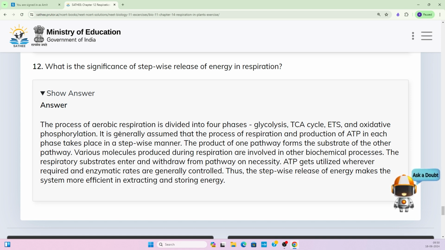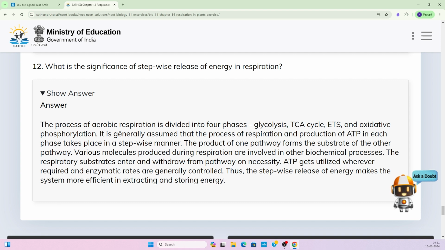The first, glycolysis, occurs, then the Krebs cycle or TCA cycle, after that the electron transport system, and at last oxidative phosphorylation takes place.